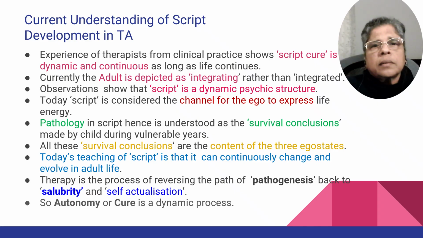Particularly in the functional fluency model, which has been developed for educators, this aspect is emphasized. So the observation is substantiating the fact that script is a dynamic psychic structure. Today it is considered the channel for the ego to manifest, or the channel for the energy to manifest.